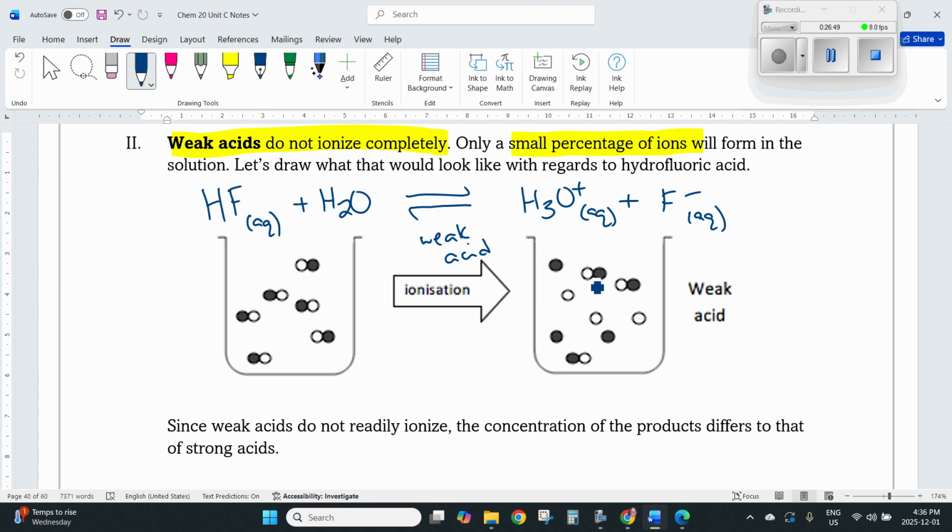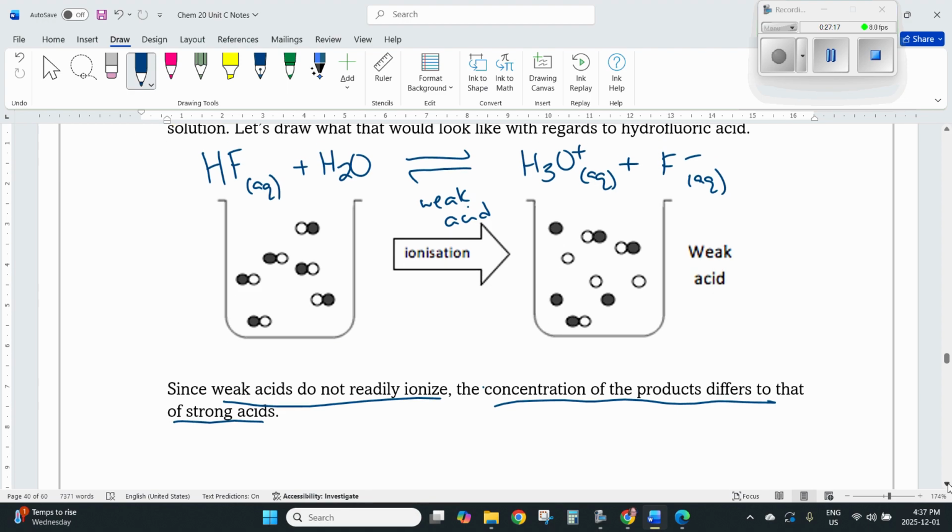You still have some hydrofluoric acid in your product, but you also have some hydrogen ions and some fluoride ions. So that means weak acids do not readily ionize. So the concentration of the products differs from that of strong acids. It's not going to be 100% like in the previous one.